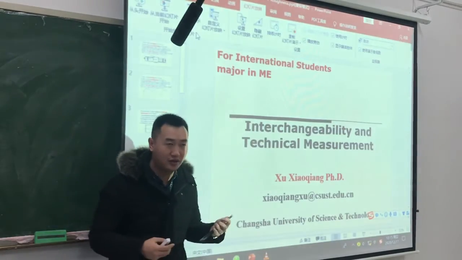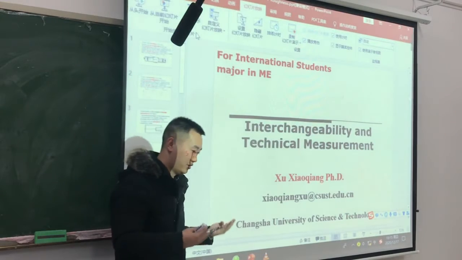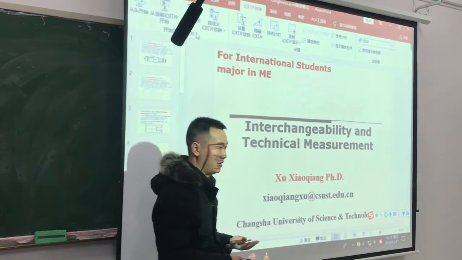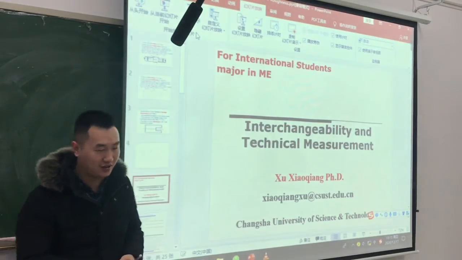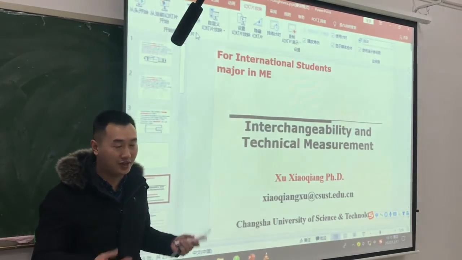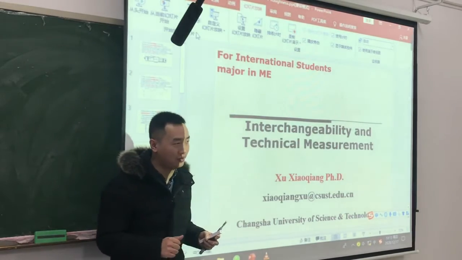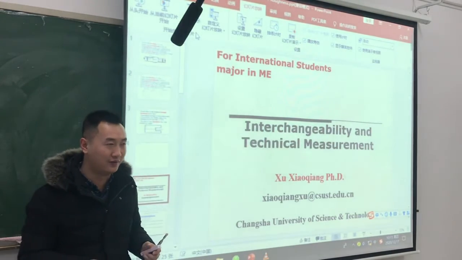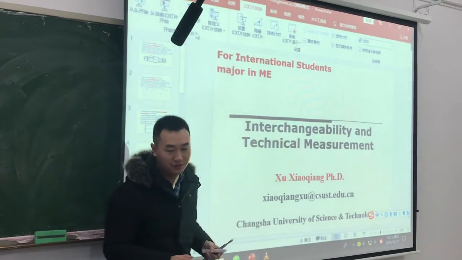The most important thing you should know is how to label them and know what they mean. In fact, during the study, you must feel that there are so many geometrical tolerances and they are difficult to measure.